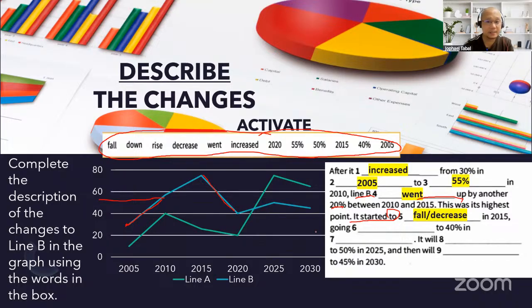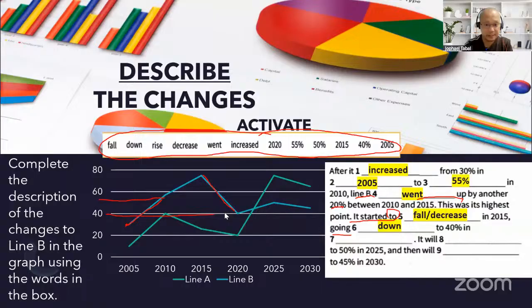Number 6, Sam, what's your answer number 6? Number 6 is going. So here in 2015, it should be going down to 40%.